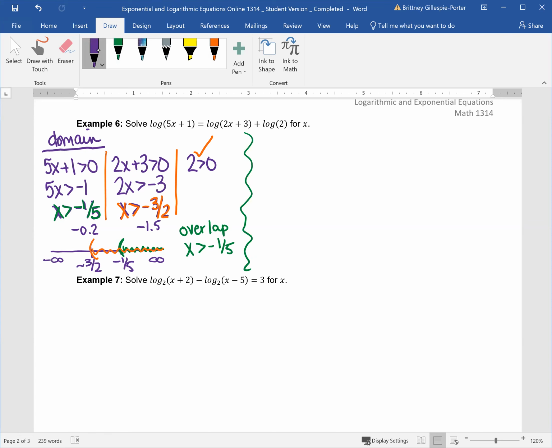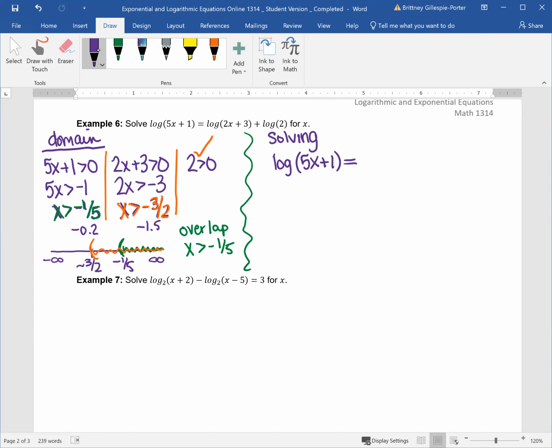Now that we have that, let's work on solving. Here we have one log on the left-hand side, so I'm going to leave it alone: log of 5x plus 1. On the right-hand side, I have 2 logs, so I need to use log properties to condense those into just one log. Remember, addition makes us bigger, and so does multiplication.